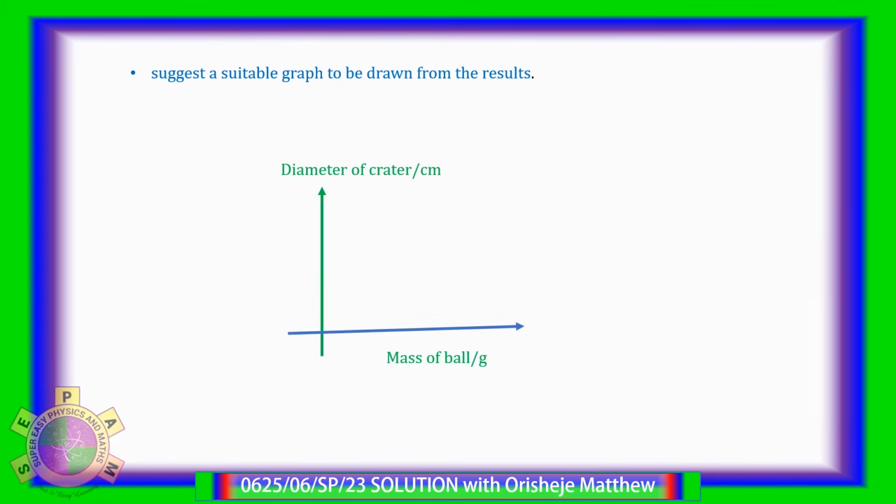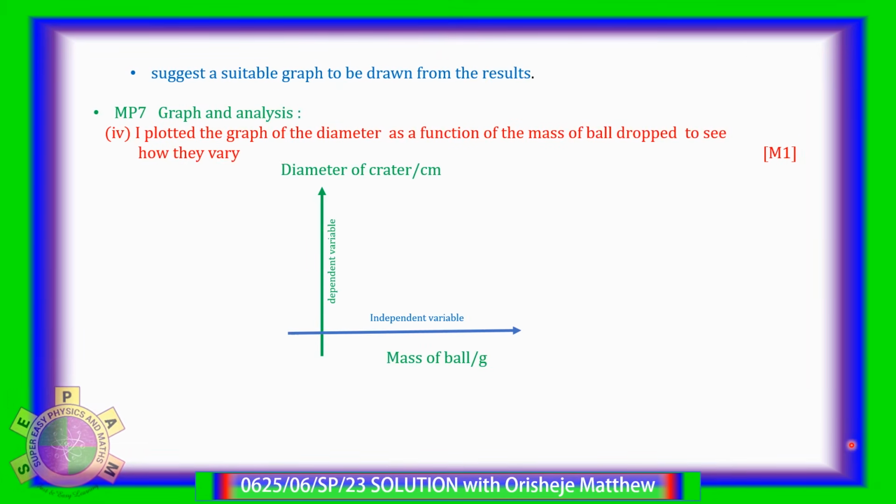So let's go for the 7. Now, suggest a suitable graph to be drawn from the result. So we have the diameter of the hole that is created on the sand as a function of the mass of the ball. So you vary the mass of the ball. In this experiment, there are 2 variables: the dependent variable and the independent variable.